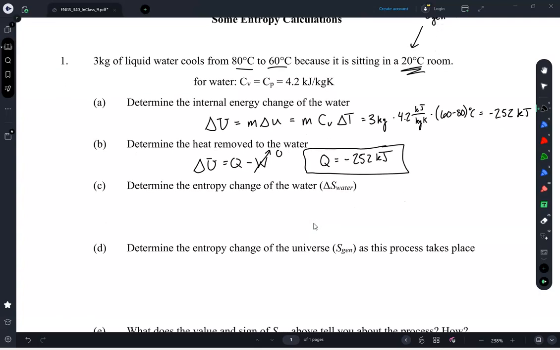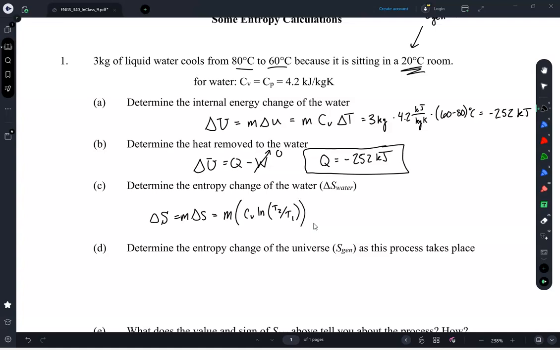If we want to determine the entropy change, we need to look at the final and initial state. So delta capital S is mass times little delta s. We can look up on our equation sheet what little delta s is, and that is C_v times the natural log of T2 over T1.